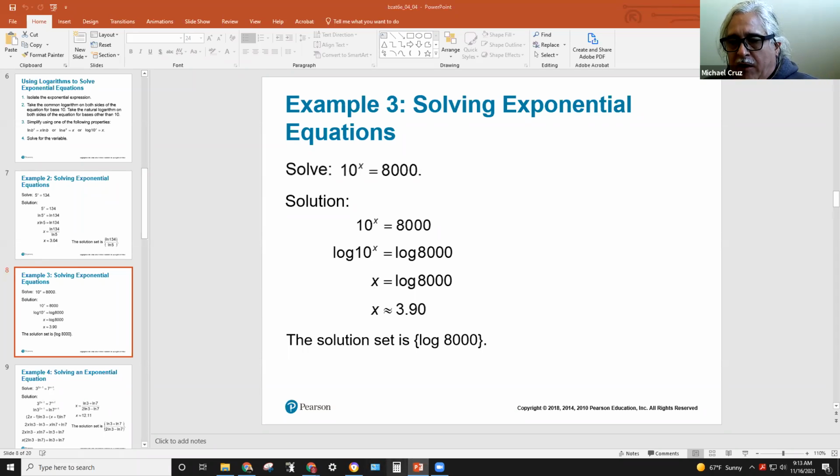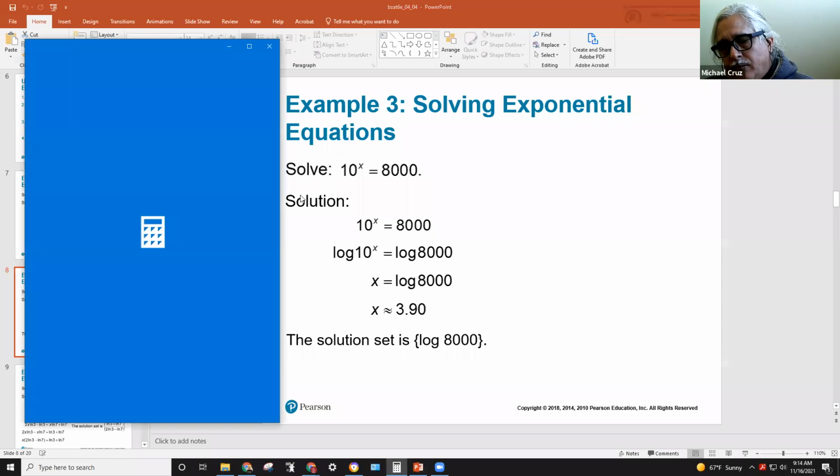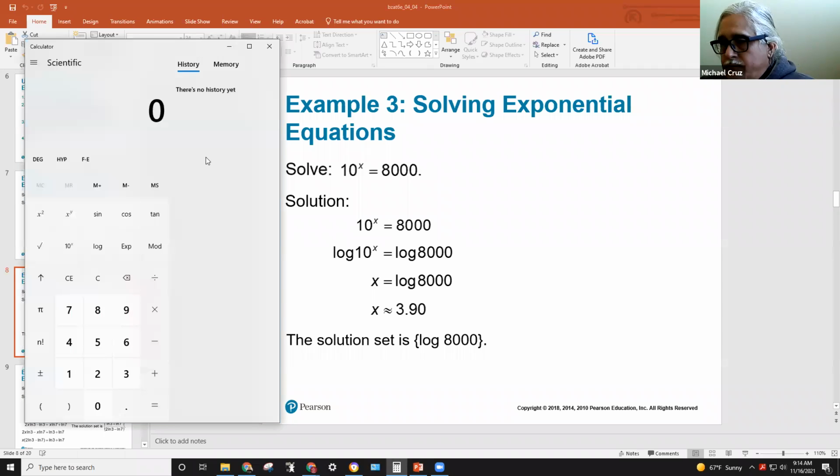So the log of 8,000, so that's the 3.90 rounded off to 2 decimal places.